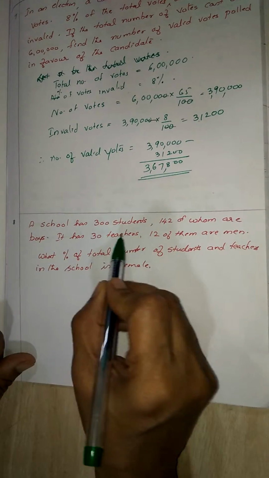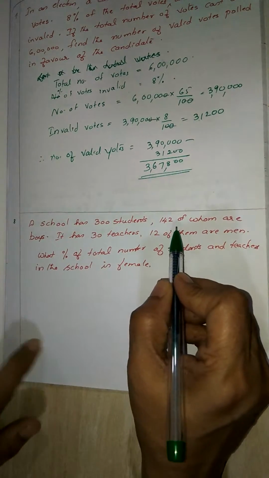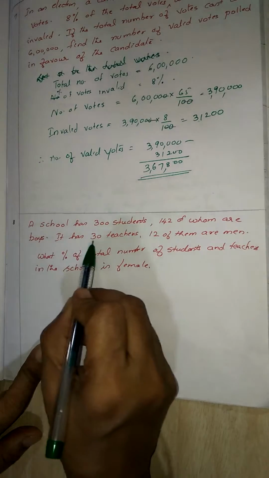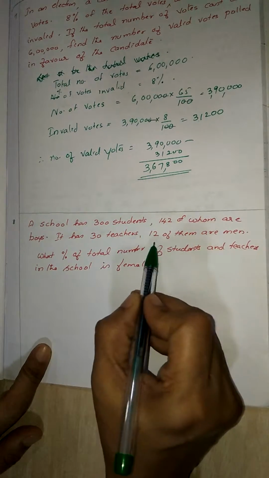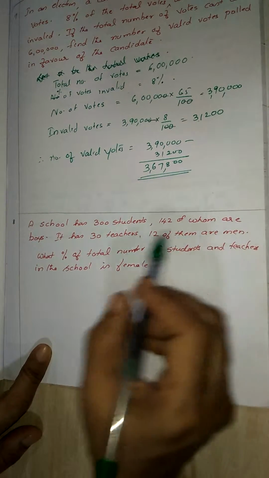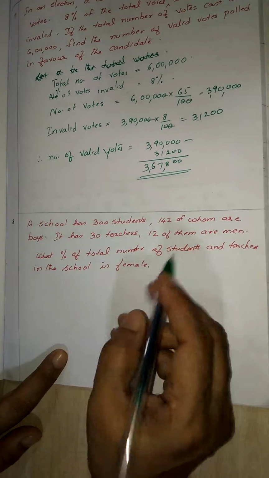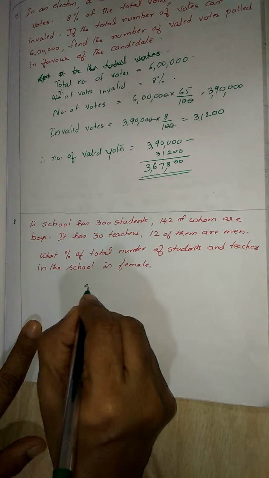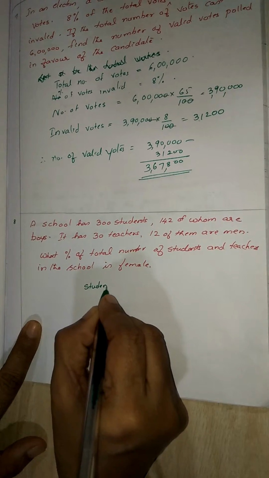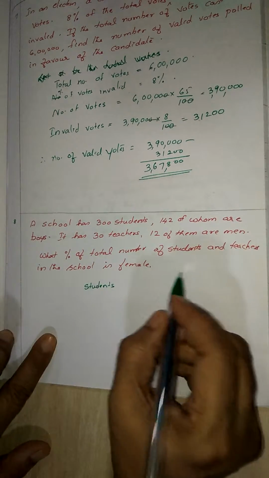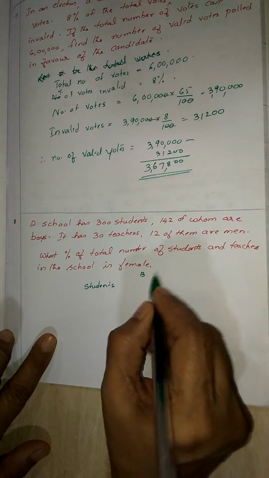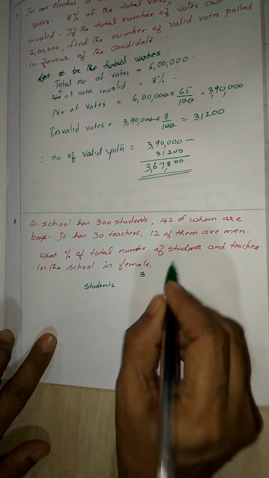A school has 300 students, 142 of whom are boys. It has 30 teachers, 12 of them are men. What percentage of total number of students and teachers in the school is female? So out of the students, boys and girls.